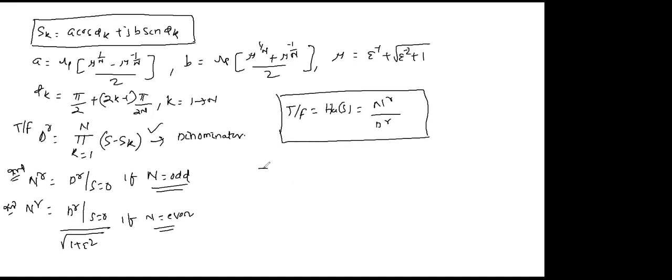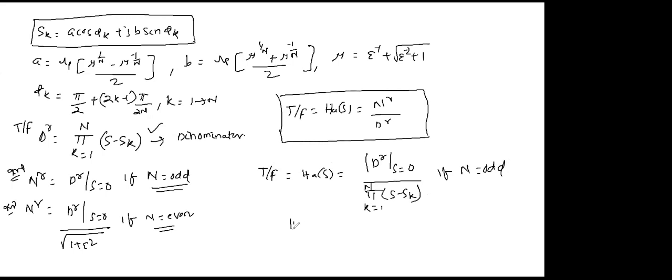Or you can write H of s equals the denominator at s equals 0 divided by the product for k equals 1 to n of (s minus sk) if n is odd, or H of s equals the denominator at s equals 0 divided by square root of 1 plus epsilon square, times the product for k equals 1 to n, if n is even.